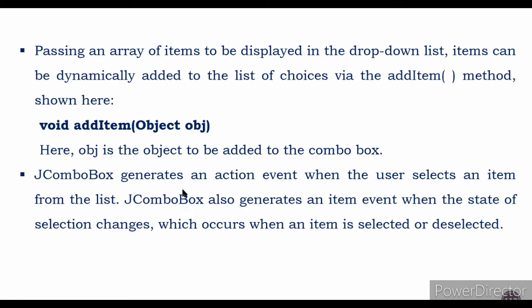J combo box generates an action event when the user selects an item from the list, and it also generates an item event when the state of selection changes, which occurs when an item is selected or deselected. An action event is generated when the user selects an item from the list. An item event is generated when the selection changes from selected to deselected or deselected to selected.